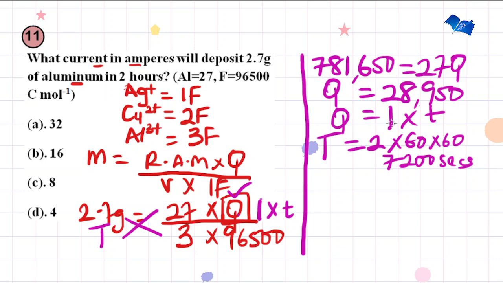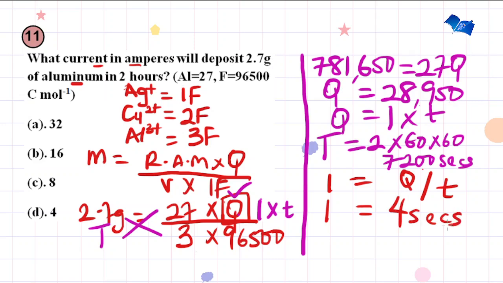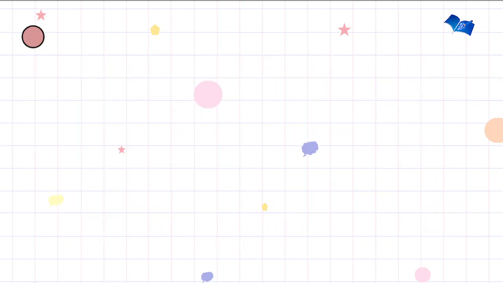So our current I will simply be quantity of electricity divided by time in seconds. So our I is 28,950 divided by 7,200. We have 4 amperes. And that is our option D. I hope that was easy to solve. Okay, we'll go over to the next question.